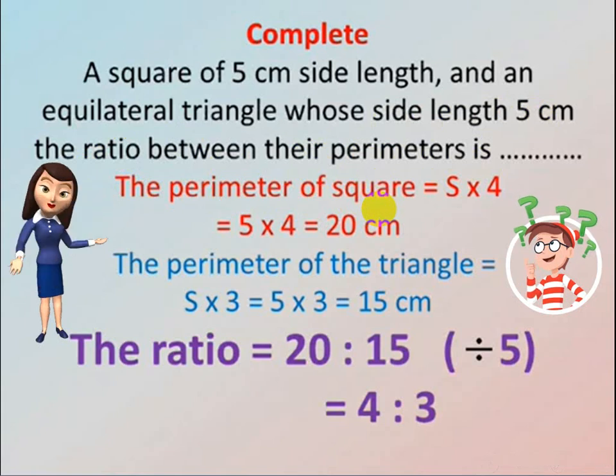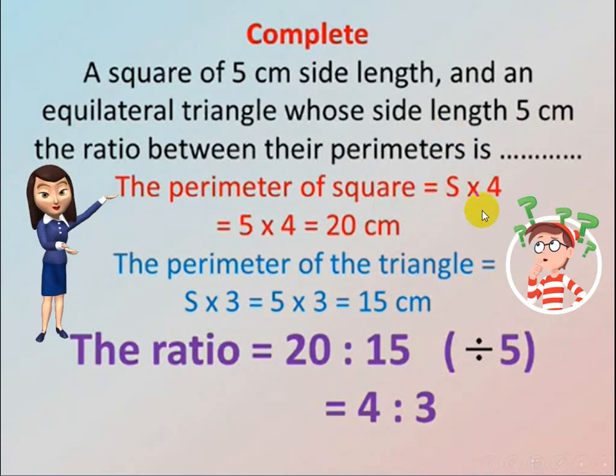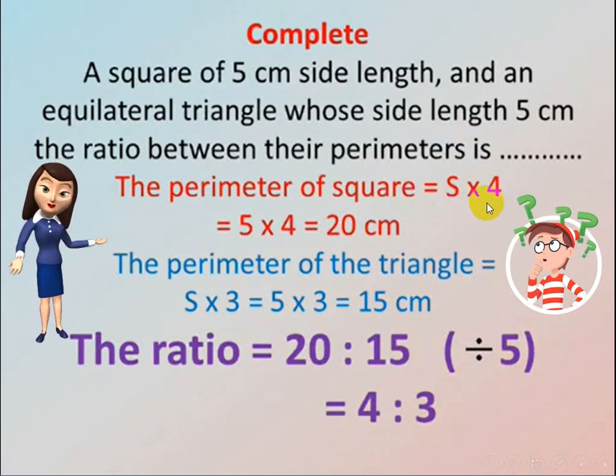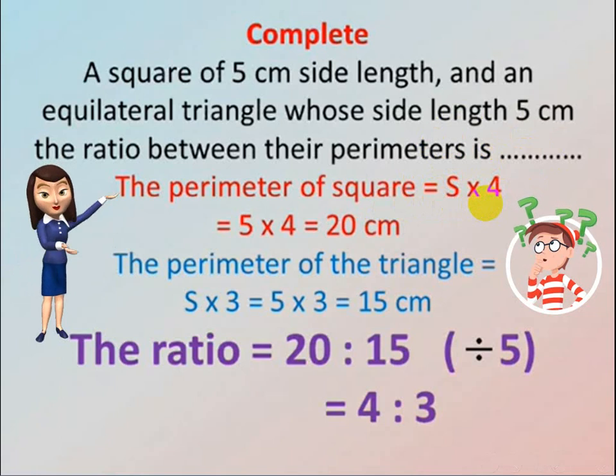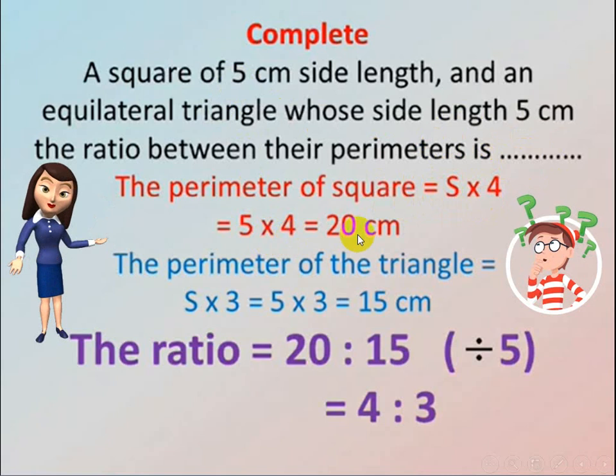Remember the rule, don't forget to write it. Perimeter of a square equals, excellent, side length times 4. Substitute, 5 times 4 equals 20 centimeters.